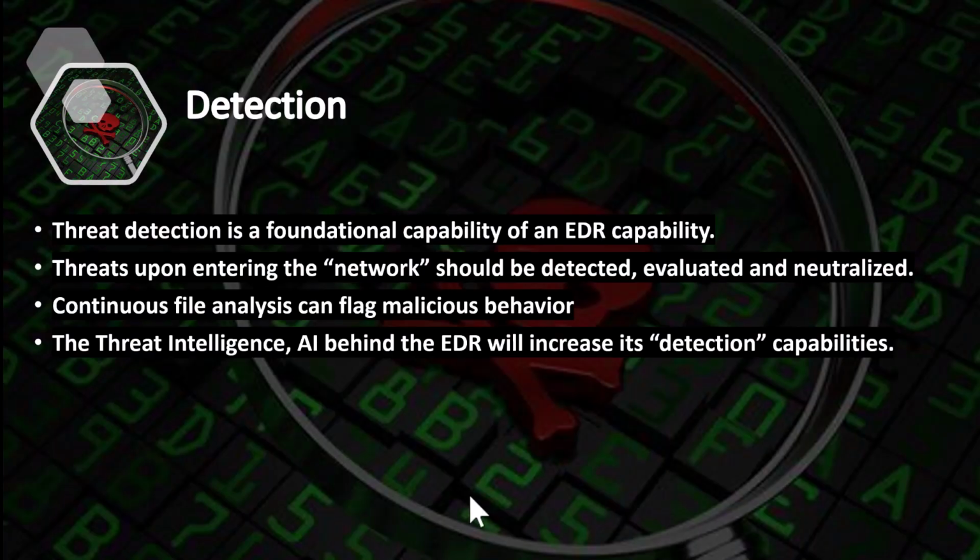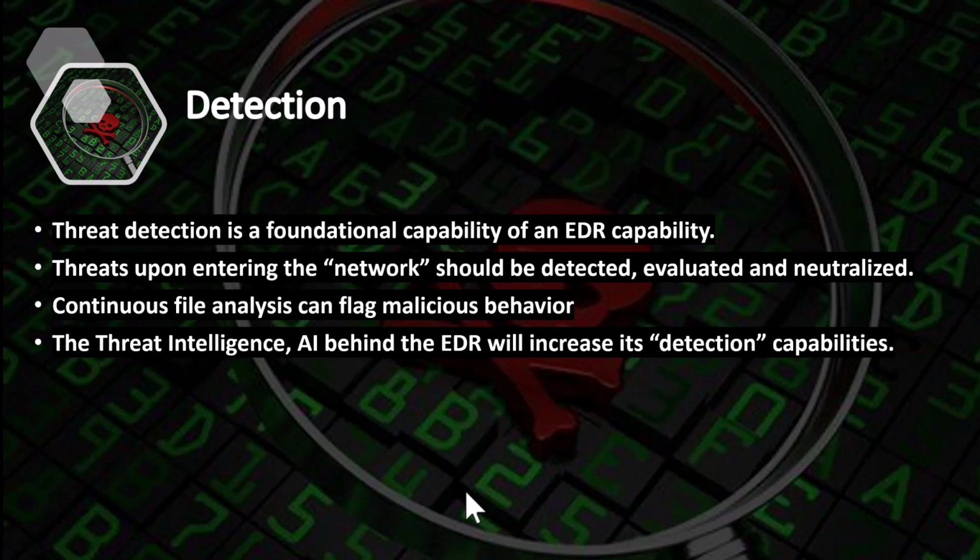Detection is where the threat is detected, and of course, via the EDR capacity. Threats upon entering the network or your endpoint should be detected, evaluated, and neutralized. It should also trigger a message, and this message should be sent to the IT teams.